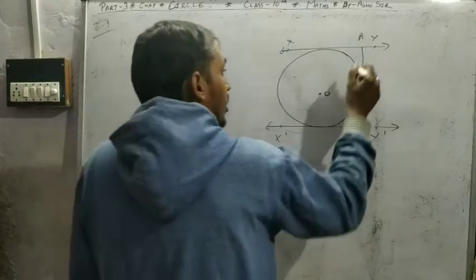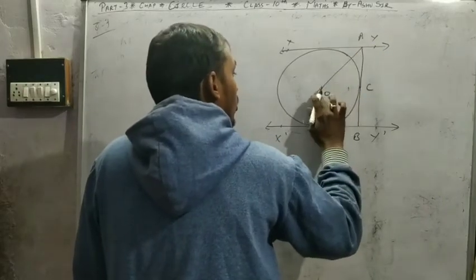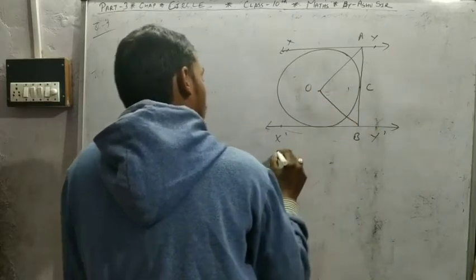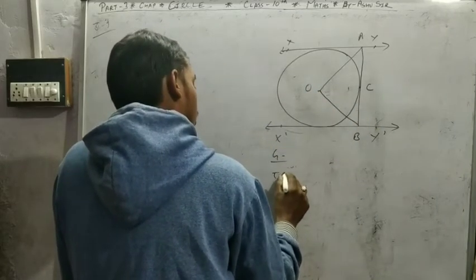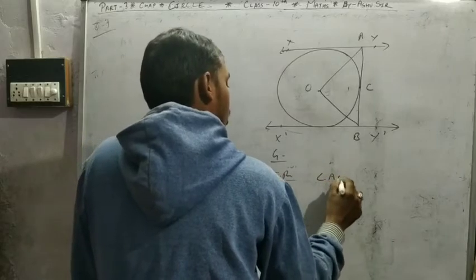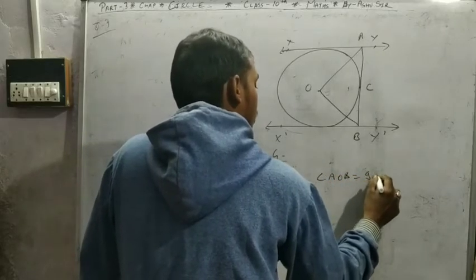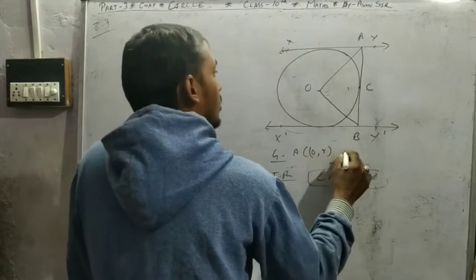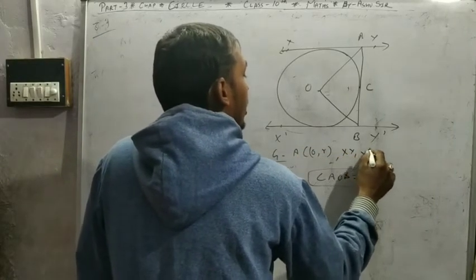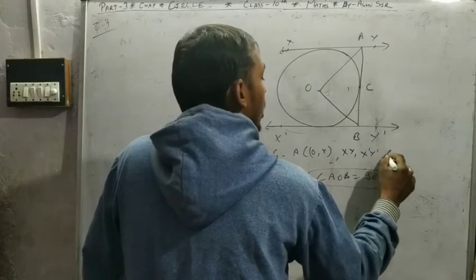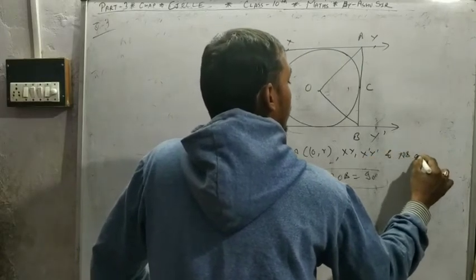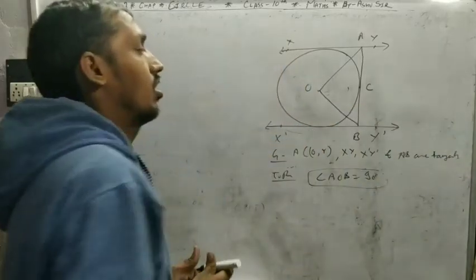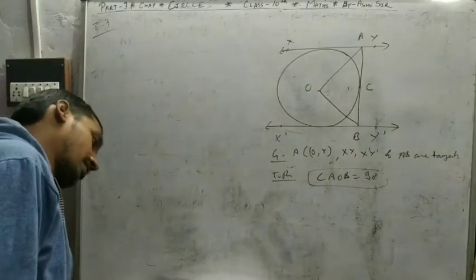So prove that angle AOB is 90 degrees. A circle of center O and radius r, with XY, X'Y' and AB as tangents.